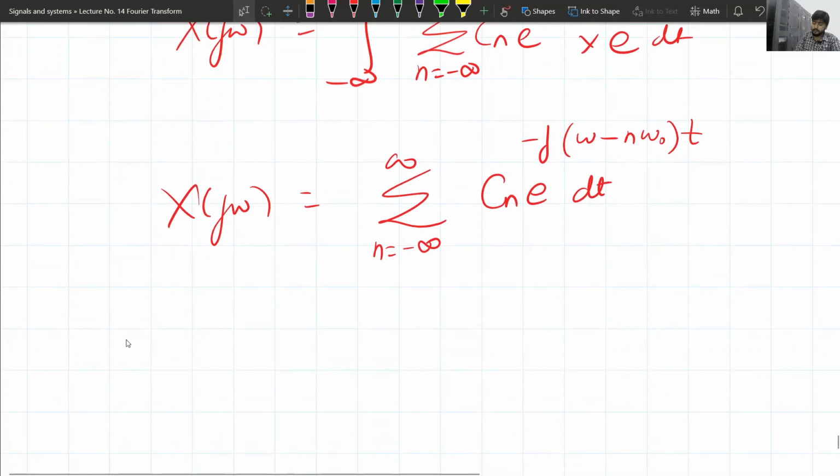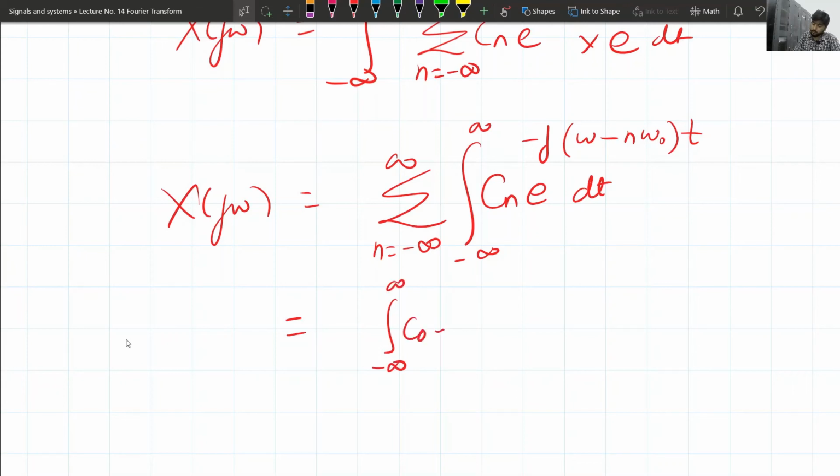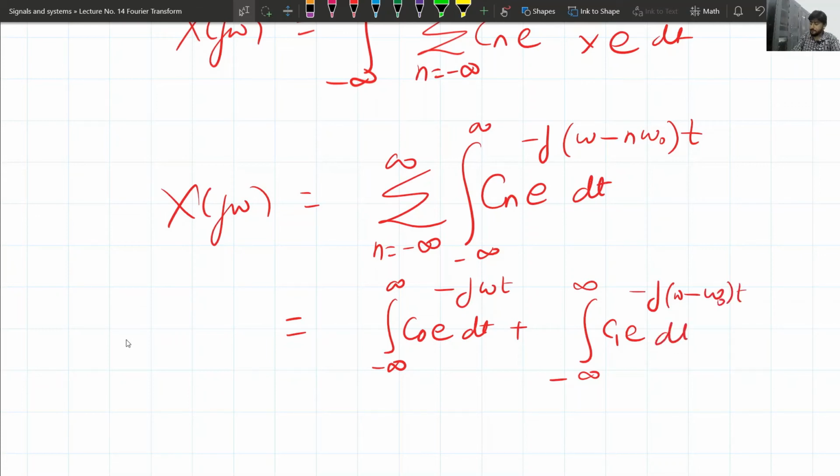Now resolving this summation, the integration will come inside: integral from minus infinity to infinity of C0 e to the power minus j omega t dt, plus integral of C1 e to the power minus j (omega minus omega naught) t dt.